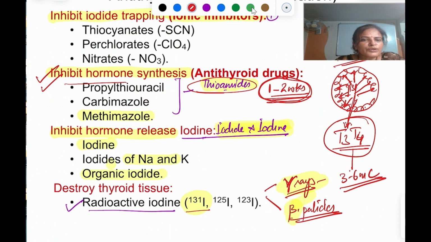So where are we going to use this radioactive iodine? In the elderly patients जहाँ पे we cannot perform the surgery, already I have told, and how we give this one, that procedure also I have told.